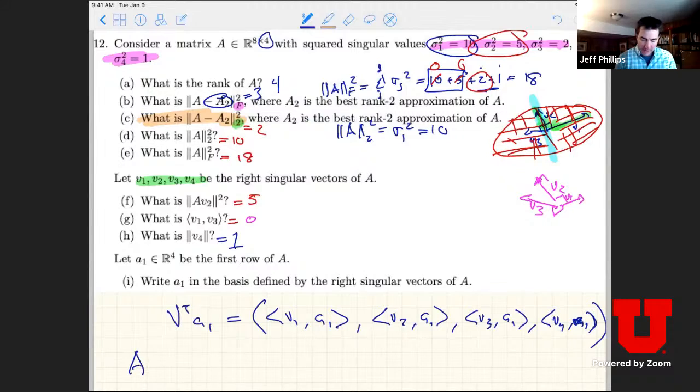One way I can write A is as a sum of j equals 1 up to 4, in this case this is equal to d, d is equal to 4, of sigma j times Vj times Uj transposed.